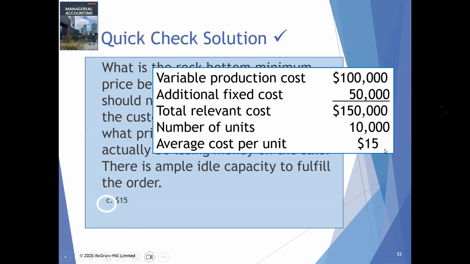So the number of units will be 10,000 and the average cost per unit will be 15. In this way we can think over which cost is relevant or which cost is irrelevant for making some decision. And it also depends upon what kind of decision, or which decision, a manager needs to take in the company.